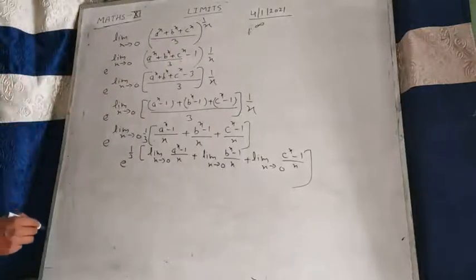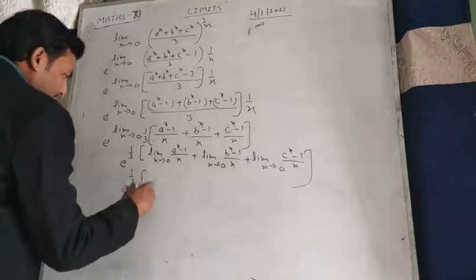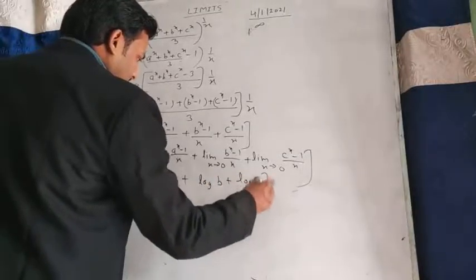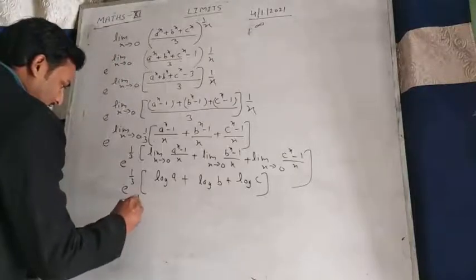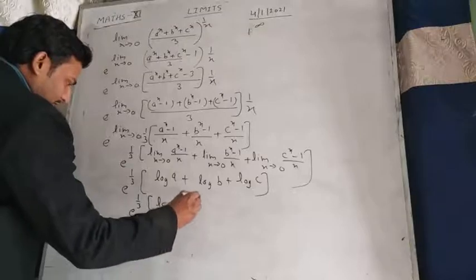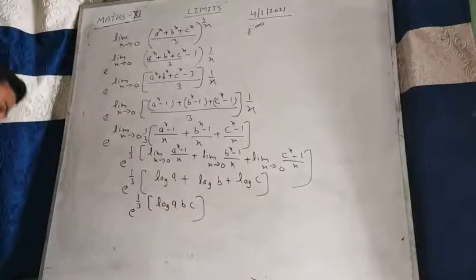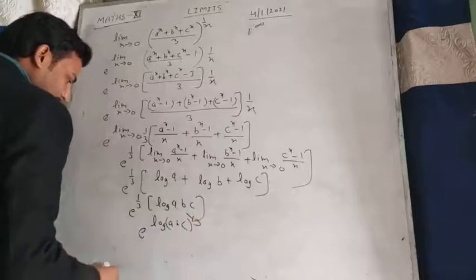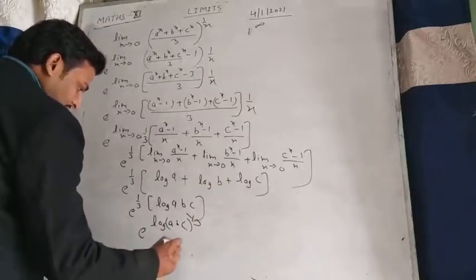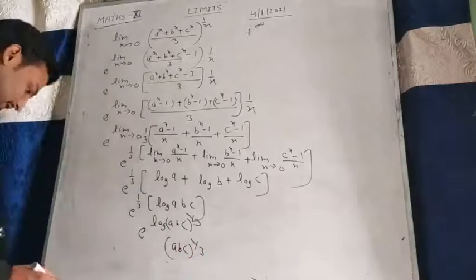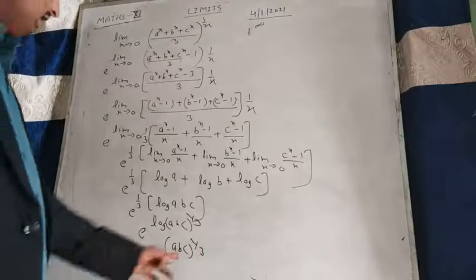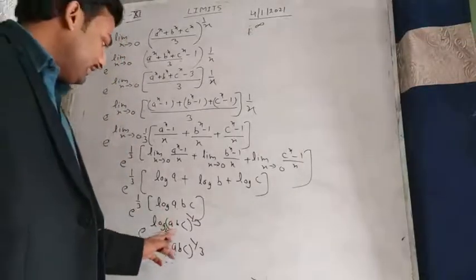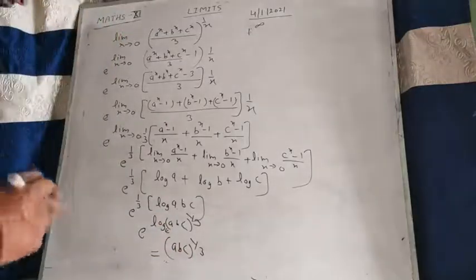Okay students, from here we see that this is log a, log b and log c, and this we can write again as log abc. Now we write e to the power log (abc) to the power 1 by 3, and because e to the power log e is equal to 1, we write (abc) to the whole power 1 by 3. It will be our required result.